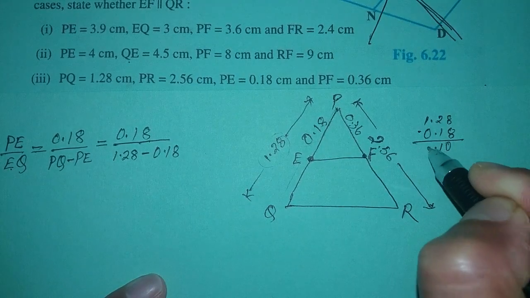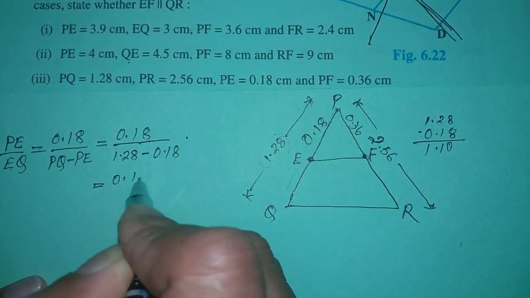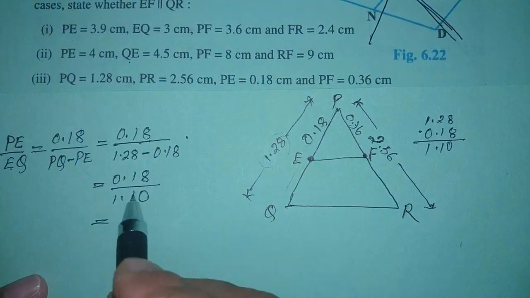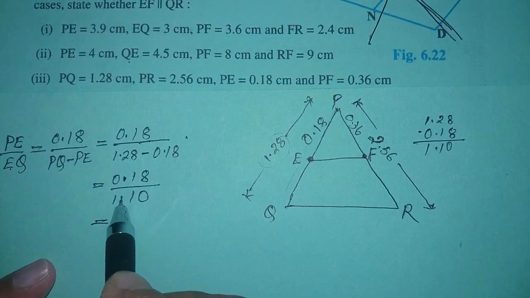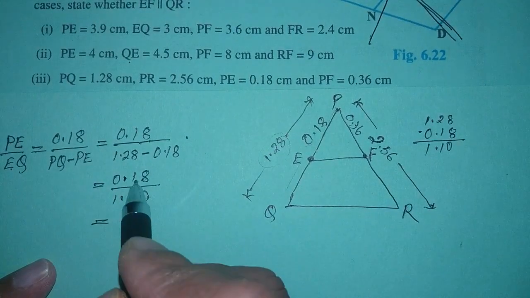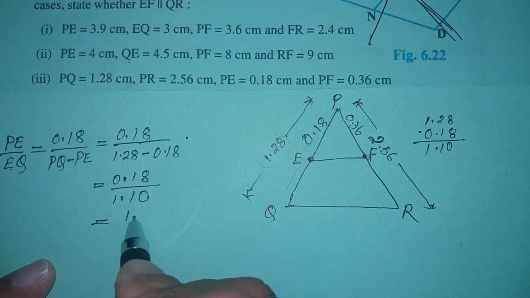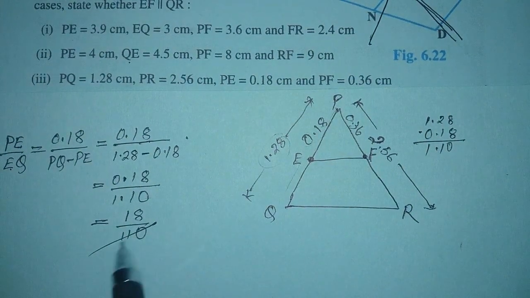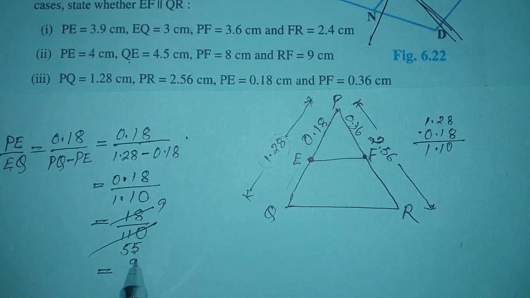Subtracting, 1.28 minus 0.18, we get 1.10. This is 0.18 by 1.10. As I told you earlier, after the decimal point we have 2 digits in both, so we can write 18 by 110. Now we can cut this by 2. 2 fives are 10, 2 nines are 18. So here we get 9 by 55.